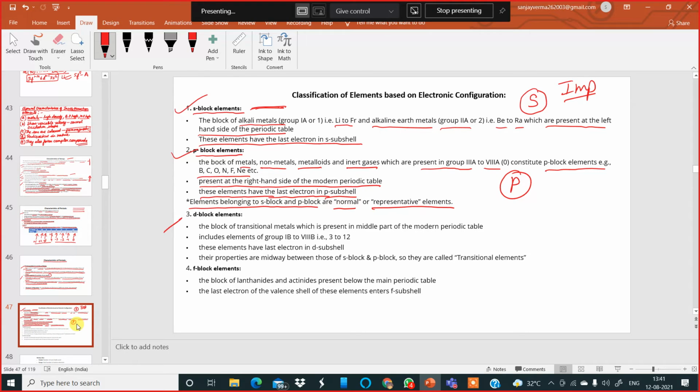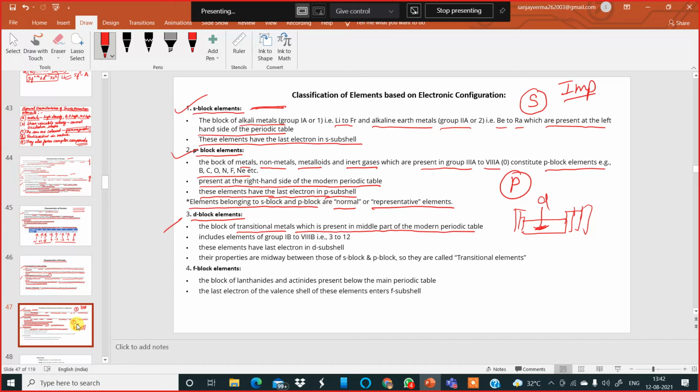Then coming down to D block elements, the block of transition metals, which is present in the middle part of the modern periodic table, in the center. This is 1 and this is 2, and in the center you have a block over here in the periodic table. After that there is 13, then 14, then 15. So this block I'm talking about, this is D block.